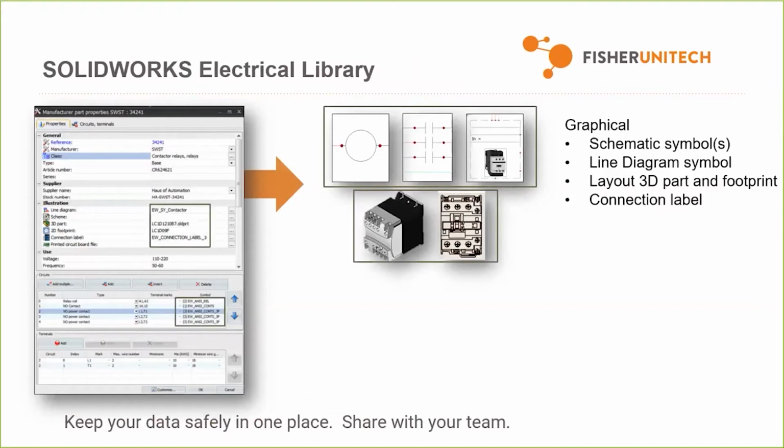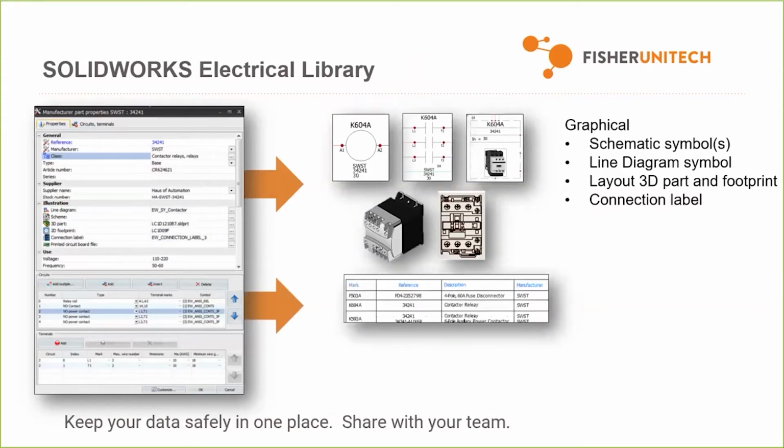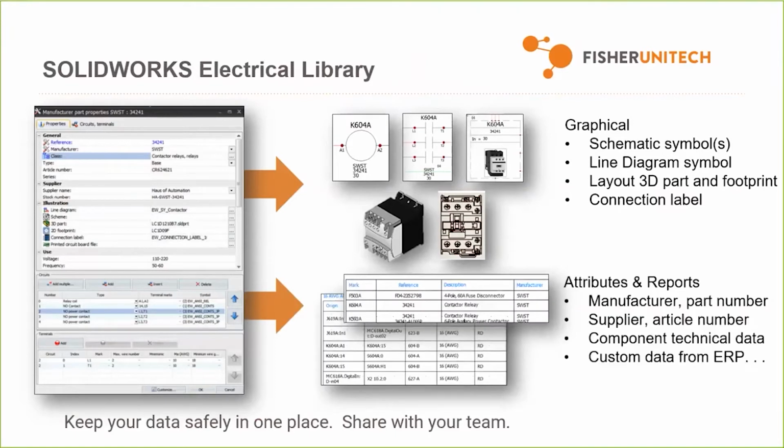As soon as that manufactured part is established, if you're in a 2D footprint, for example, you just right-click Insert, and it's going to grab the correct symbol for you. In addition, the parameters or attributes located within that part are going to populate throughout your entire project. So consistency, accuracy, and saving time, all as a derivative of your SOLIDWORKS Electrical library.